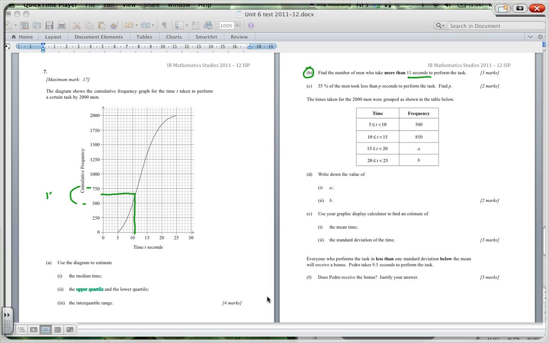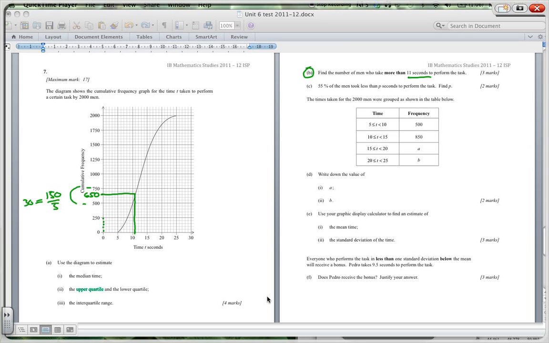From there to there is 150, and there are 1, 2, 3, 4, 5, so each block is worth 30. And when I go up here, I'm about 3, 4, so around halfway in between. So this value is about 650.